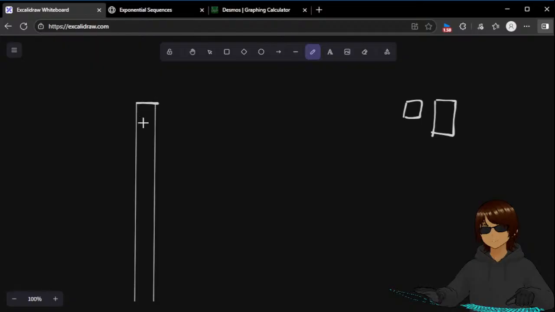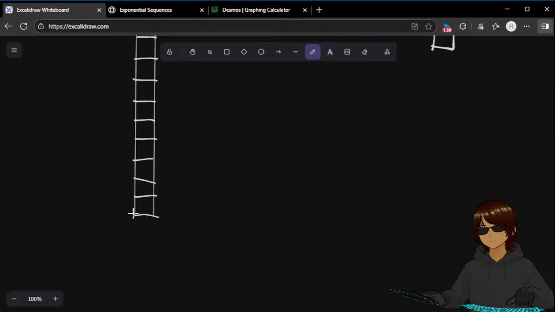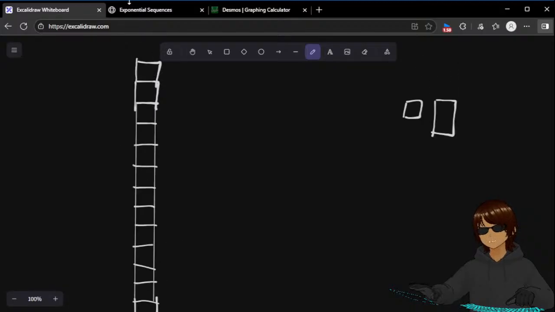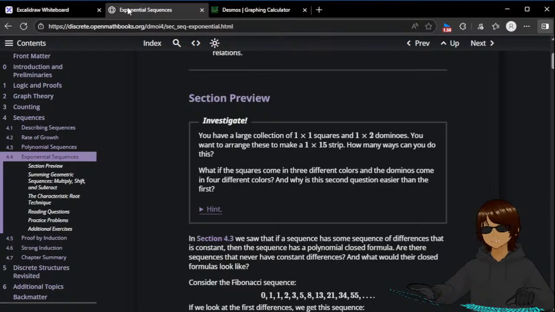So we have 1, 2, 3, 4, 5, 6, 7, 8, 9, 10, 11, 12, 13, 14, 15. So a 1 by 15 strip, 1 by 1 squares, and 1 by 2 dominoes.